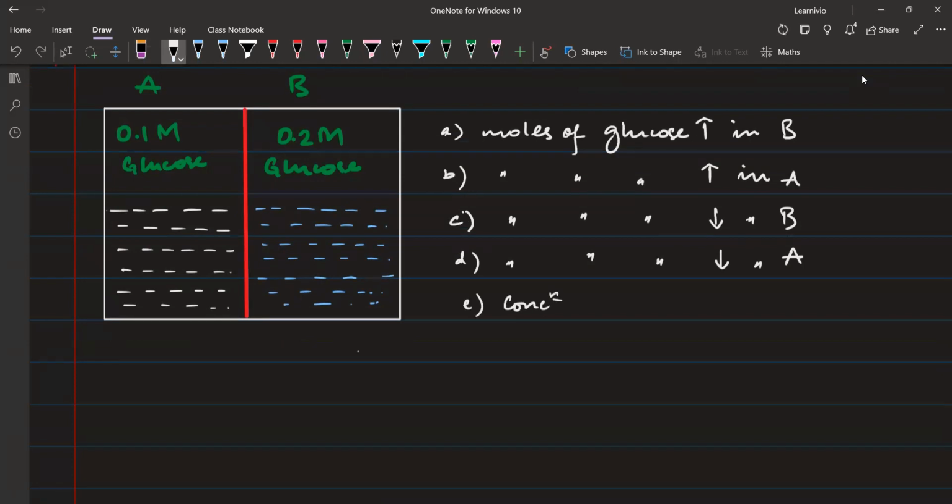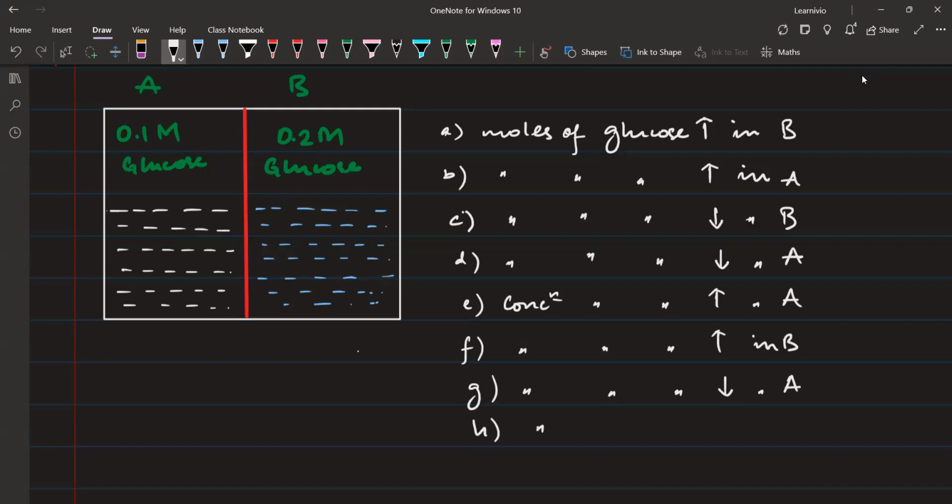E is concentration of glucose increases in A. F is concentration of glucose increases in B. G is concentration of glucose decreases in B. Let's do these first.